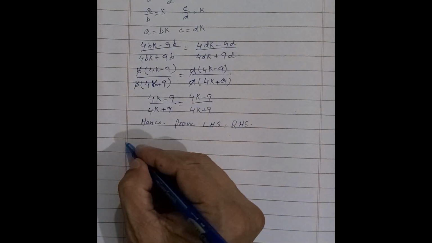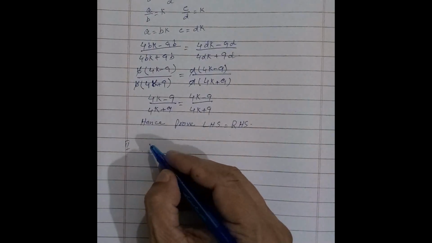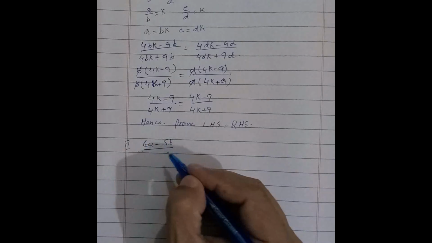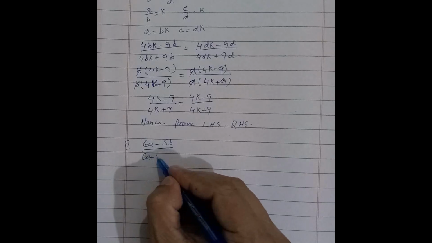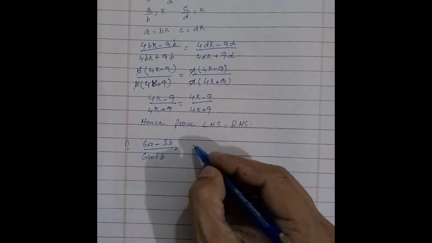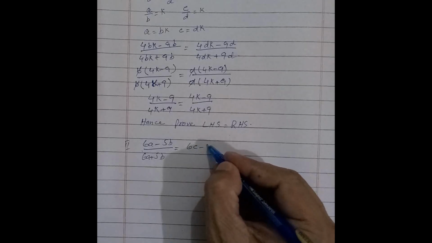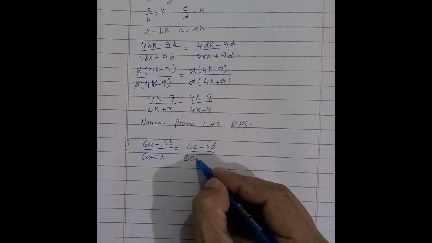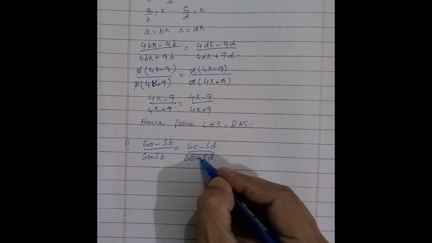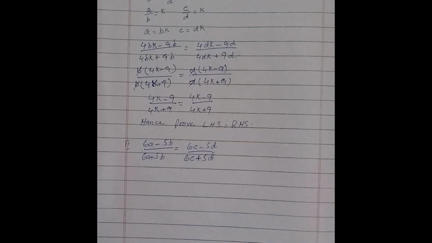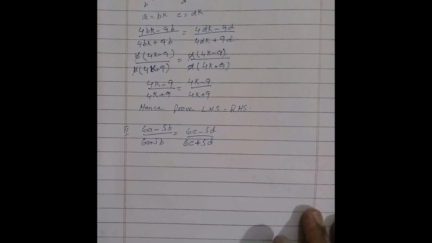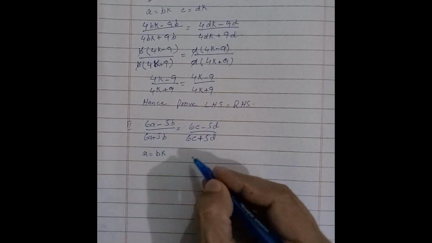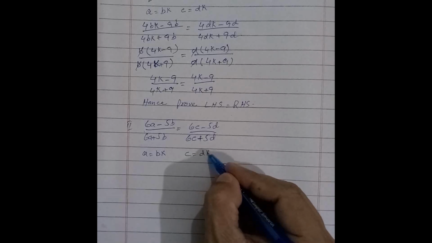And the second part is 6A minus 5B over 6A plus 5B is equal to 6C minus 5D over 6C plus 5D. The same, we have A is equal to BK, C is equal to DK.